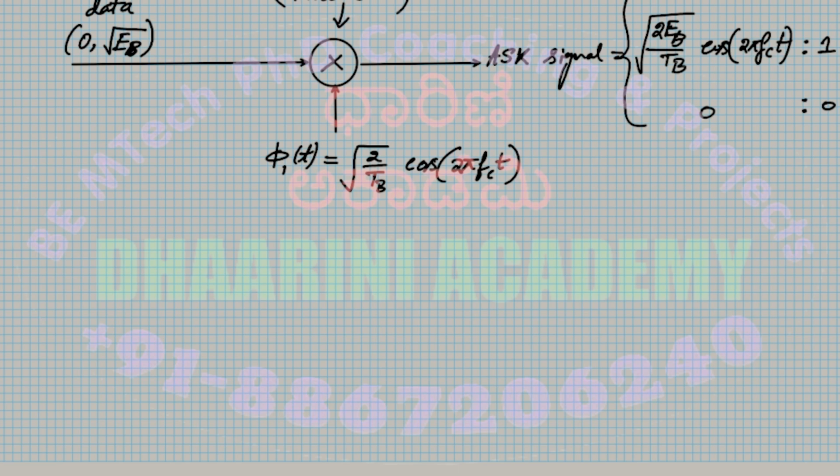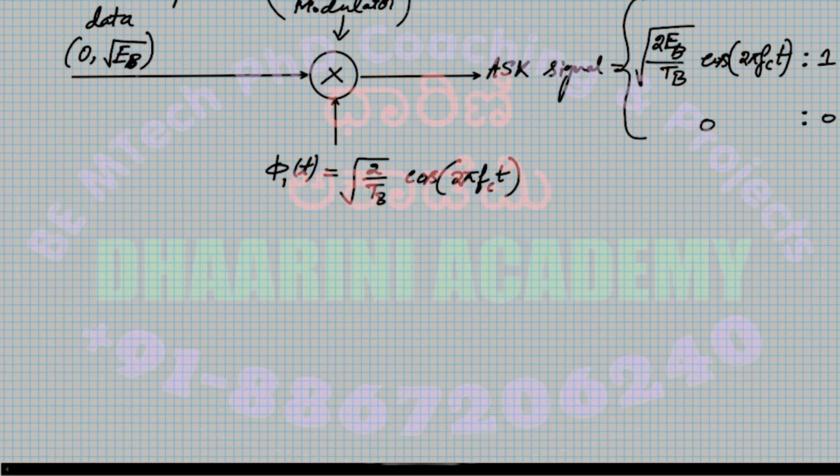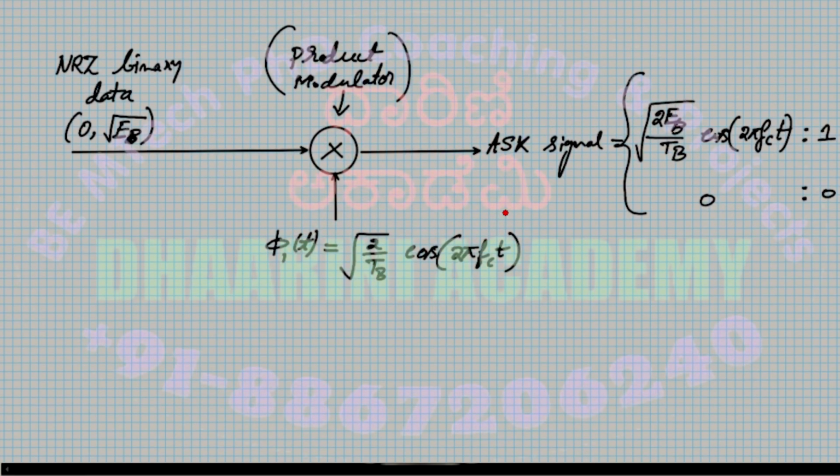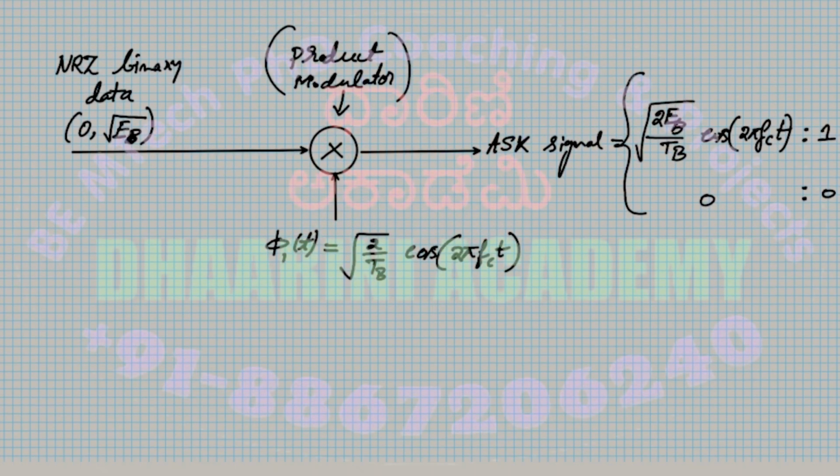All right, let's use this basis function. You will get used to the usage of the basis function once we discuss all three, that is ASK, PSK, and FSK. But as of now, whatever carrier we used in the continuous modulation technique is now replaced by what is called the basis function.